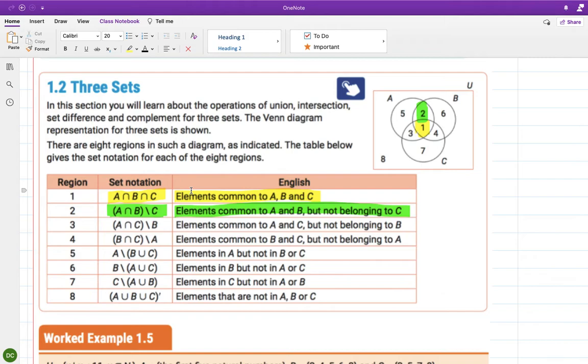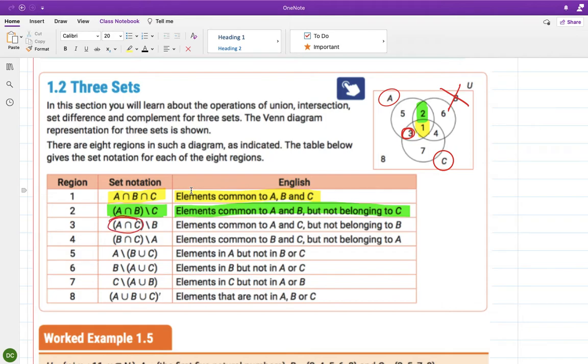Okay, so for number 3 there, that's elements that are common to A and C, but not B. And you see that here.